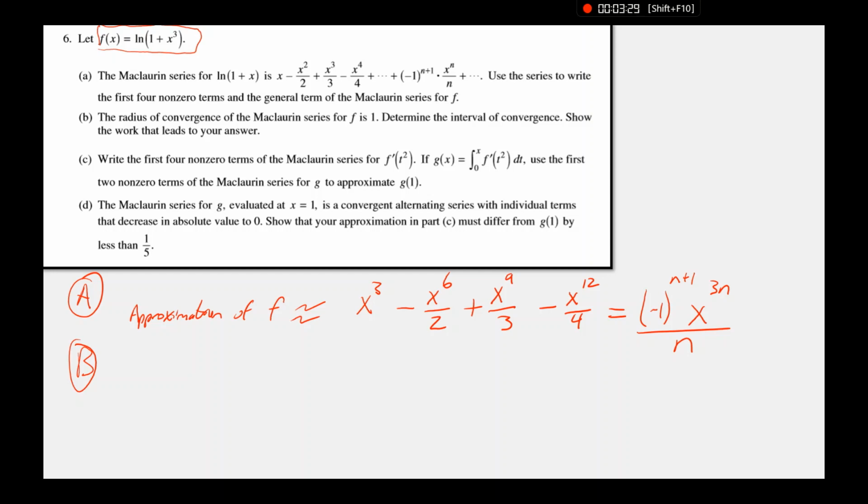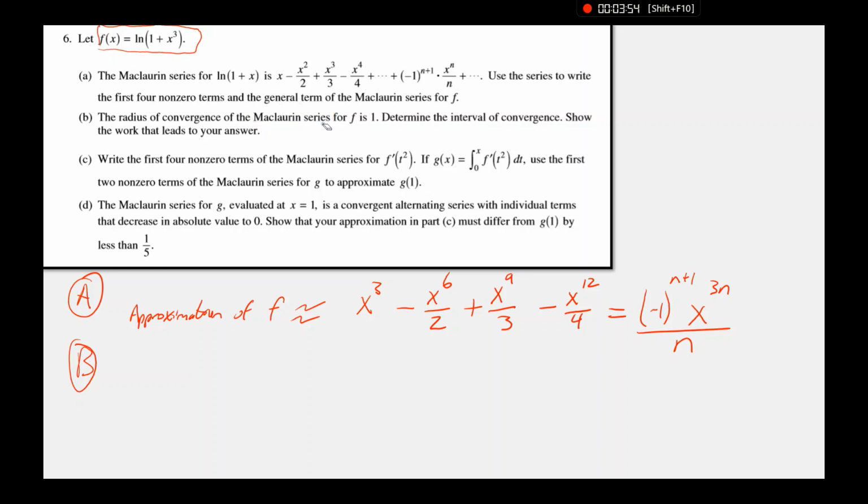How did you know the center point was at 0? Because it's just x. Right, so our general form for a Taylor series is x minus a. Also, a Maclaurin series is a Taylor series that's centered at 0.